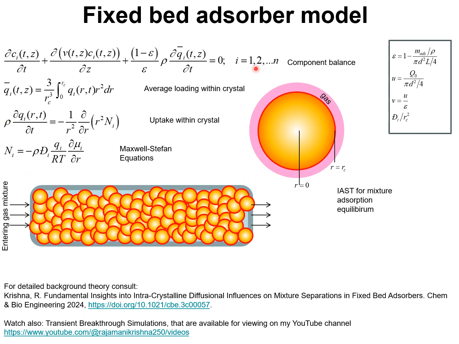For the current purposes, let's proceed forward with these breakthrough models, and we first examine the simulation results for the case in which intracrystalline diffusion resistances are of negligible importance.